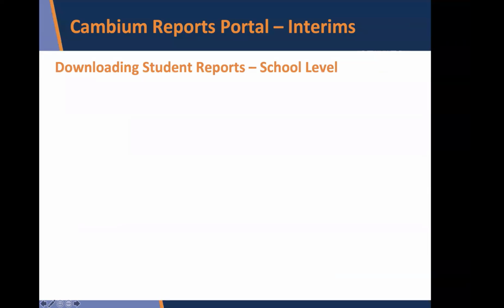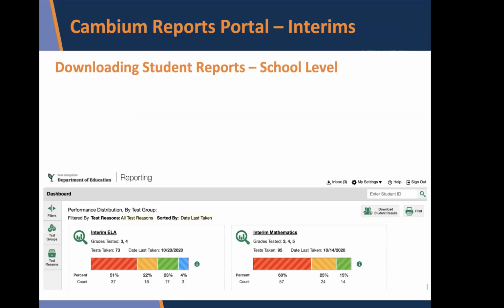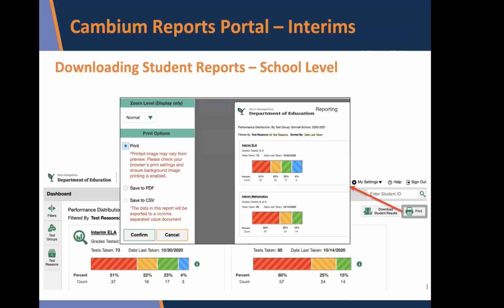All right. I want to go now into when you're in the portal and you're looking at the reporting. If we want to look at downloading student results, now we're going to take the results that we see in the system when we download them. There's a couple of things that you can do here. One, if you are on the main reporting page and you choose print, it will bring you to this page.